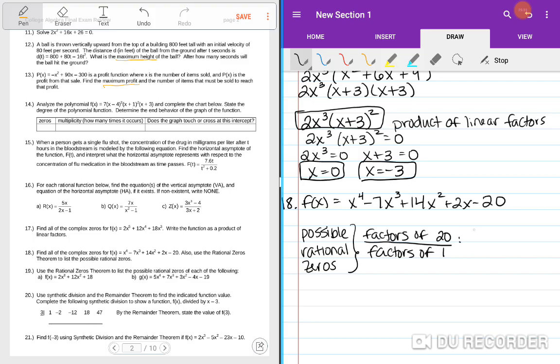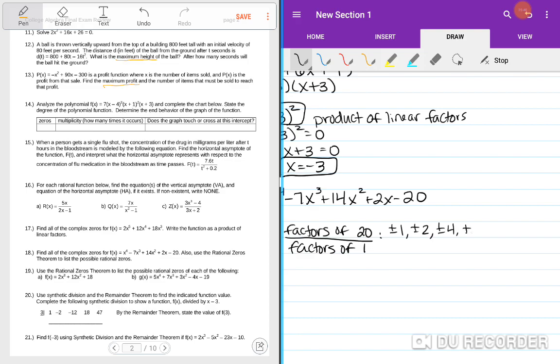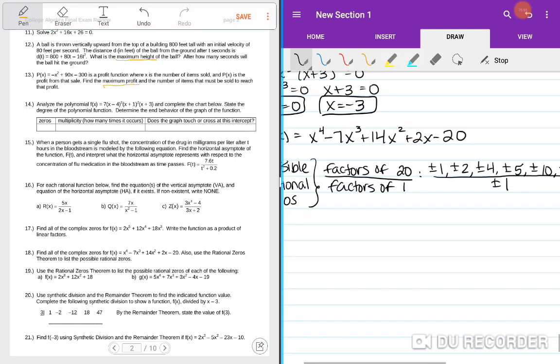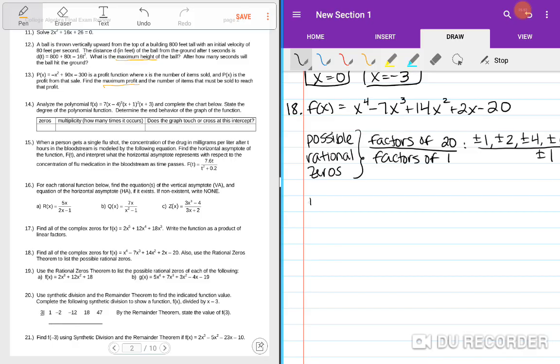The factors of 20 are plus or minus 1, 2, 4, 5, 10, 20, all divided by plus or minus 1. Of course, anything divided by 1 is itself. So these are our possible rational zeros.